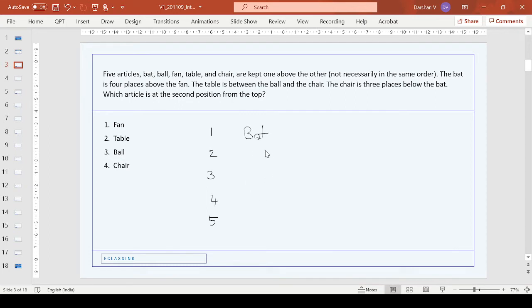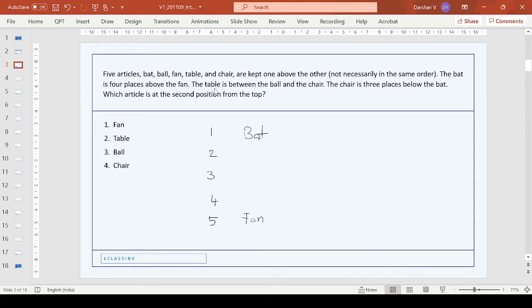If it has to be 4 places above, the fan has to be in this particular position. This is 1 place above fan, 2 places above fan, 3 places above fan, and 4 places above fan. Now if we put the bat in the second position, then fan will have to be in the 6th position, right? Which is not possible because there is no 6th position. So this is the only possible way of putting the bat and fan.